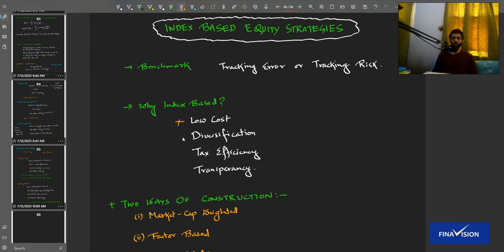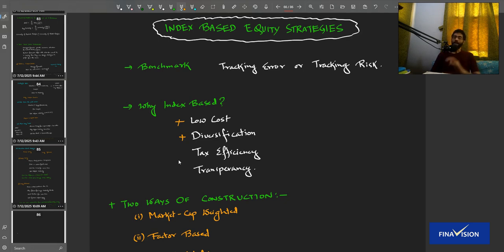Then there is diversification. Now, based on how the index is chosen, it can control the different degrees of diversification. Now, a portfolio may be tracking a small cap index that will make it concentrated in the small cap segment. It can be tracking a mid cap segment that will make the portfolio a mid cap oriented portfolio.